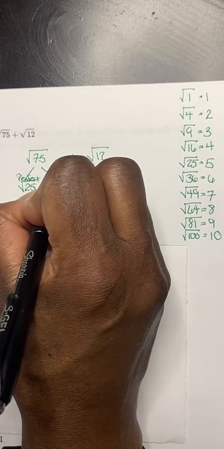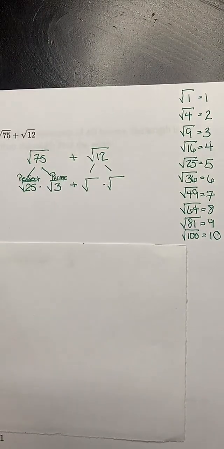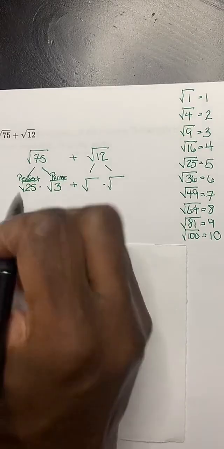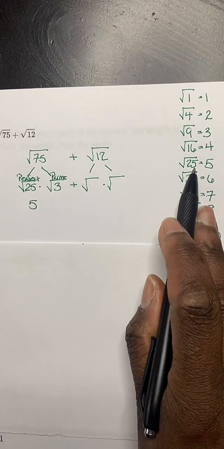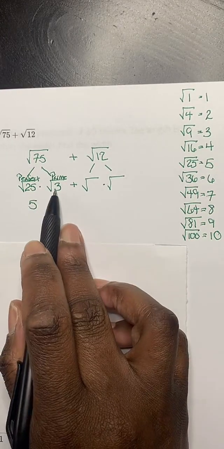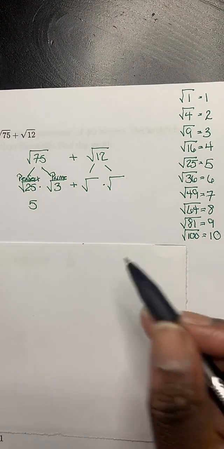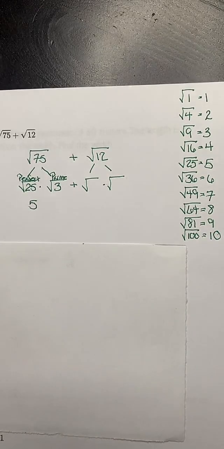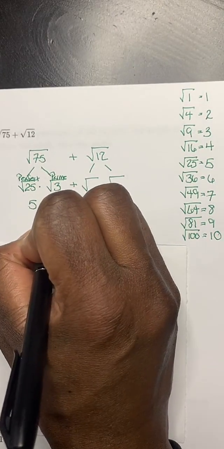And my prime is the 3. So square root of 25 gives me a whole number of 5. Remember what we said over here. Square root of 25 is 5. Now, square root of 3. The only way I can break down 3 is 1 and itself. So that's why it's prime. If I can't break it down, I just simply bring it down.